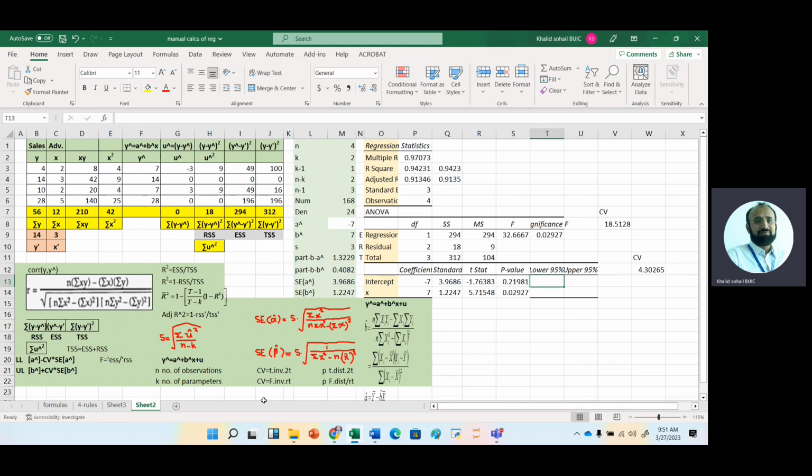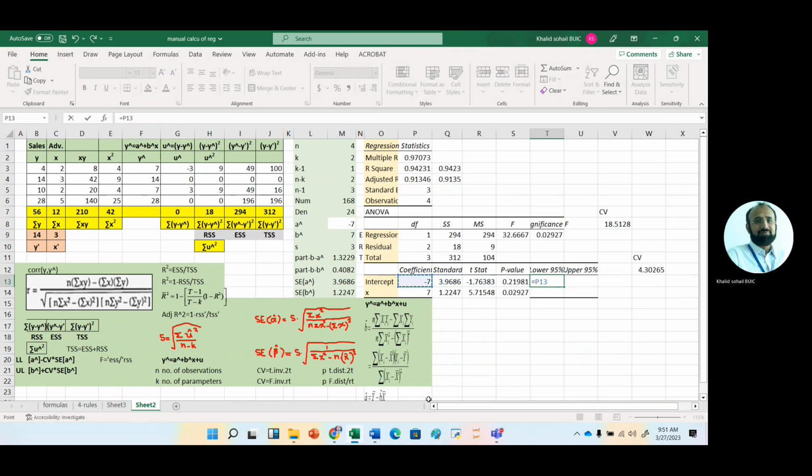Now for the lower part, here A intercept minus the critical value, multiplied by the standard error of alpha.